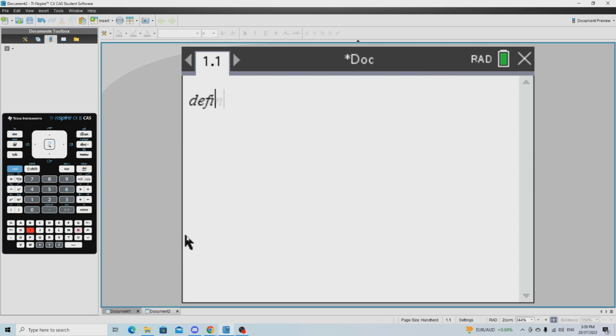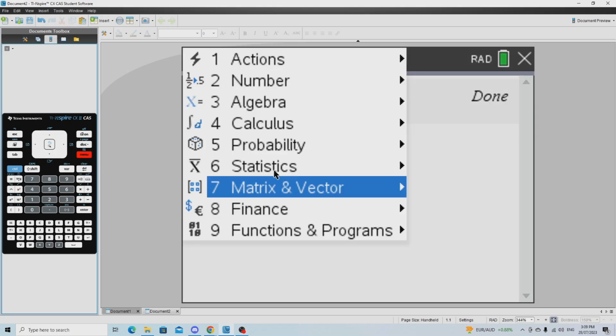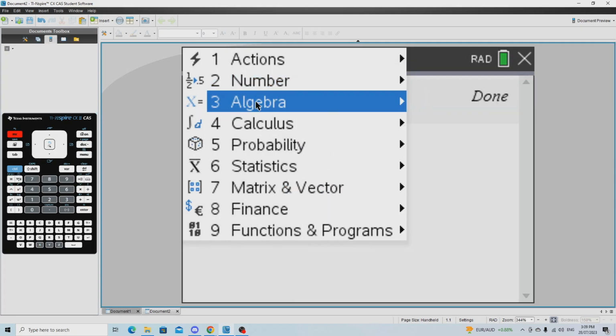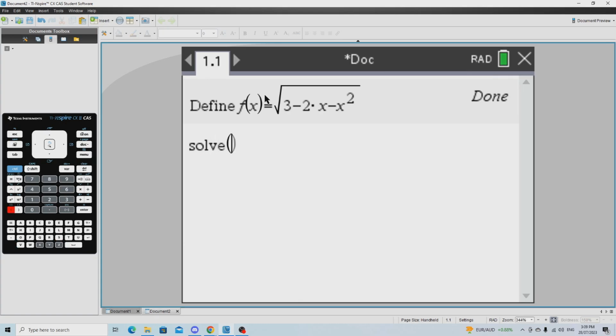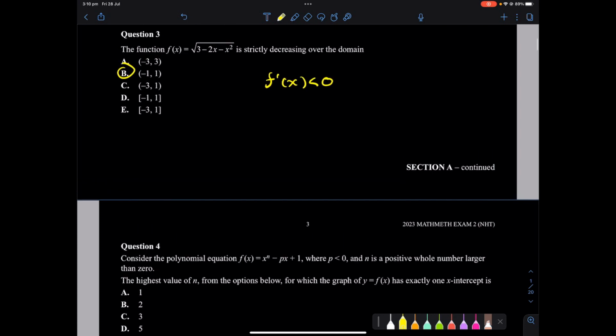We want to define f of x equals the root of 3 minus 2x minus x squared. Now, we want to go algebra. First we want to solve where the derivative of f of x is less than 0, comma x. Okay, so it's from -1 to 1, non-inclusive. So B should be your answer. Okay, is that right? Looks like it.